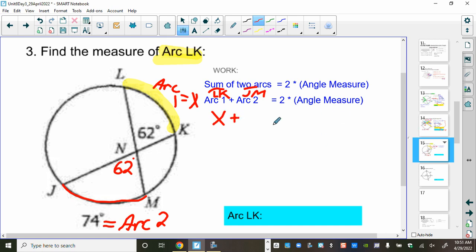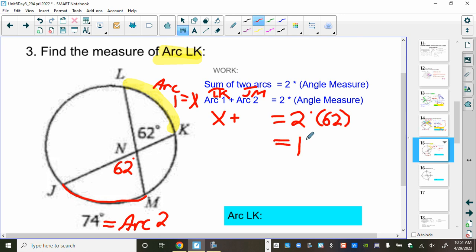Say again? Okay, so then I know where you got the 124. Because if you multiply your angle measure, 62 degrees, by 2, that's how you get your 124.